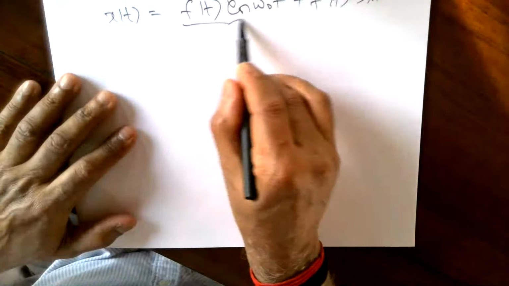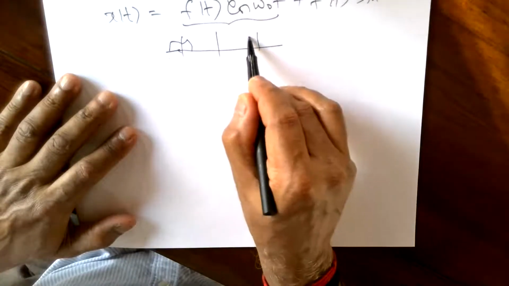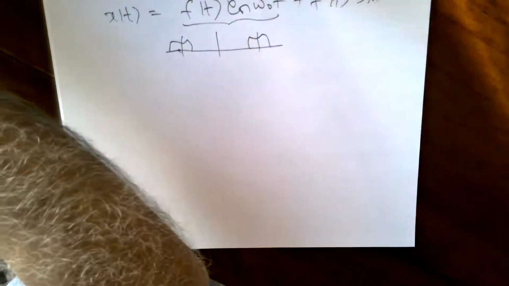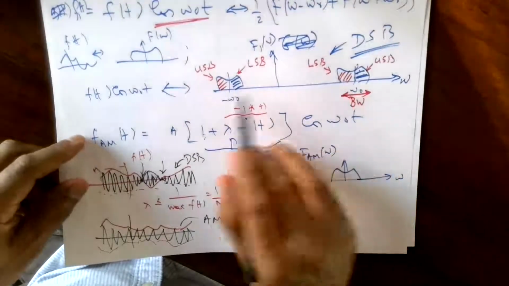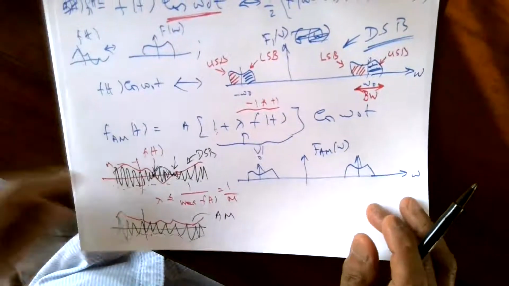And if you take this form, we already know its transform. It's sitting around. We did it a few pages back. f(t) cos ω0 t shifts the transform F(ω) to be centered around ω0 and minus ω0. So also these properties will be useful.